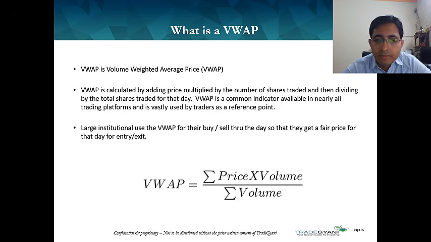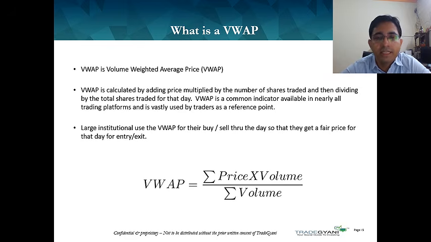Moving forward, what is VWAP? VWAP is basically volume weighted average price, and it is calculated by adding the price into volume traded at all times during the day. VWAP calculation starts from 9:15 and ends at 3:30 when the session ends.